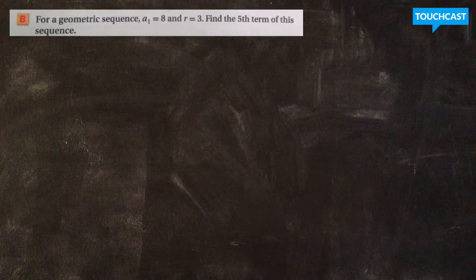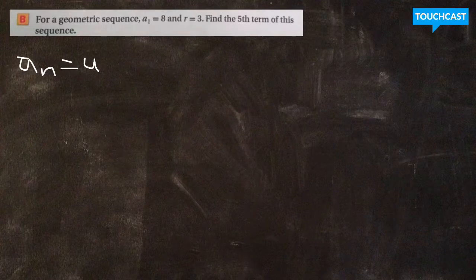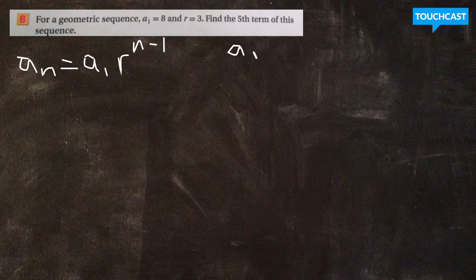So let's look at another example. We have a geometric sequence where the first term is 8, the common ratio is 3, and we're looking for the 5th term. So again, we need to know that the formula is a sub n is equal to the first term times the common ratio raised to the n minus 1. We know that the first term is equal to 8, and the common ratio is equal to 3.